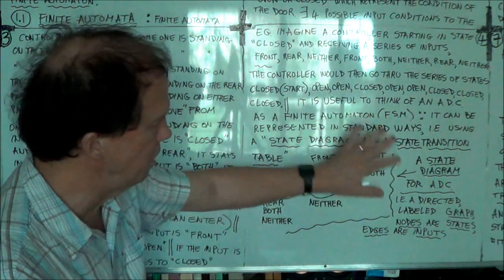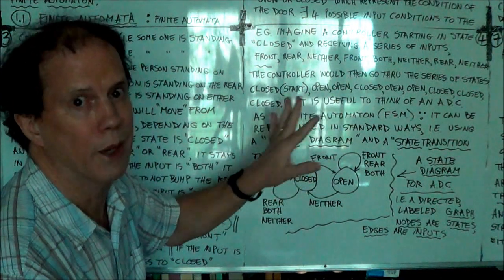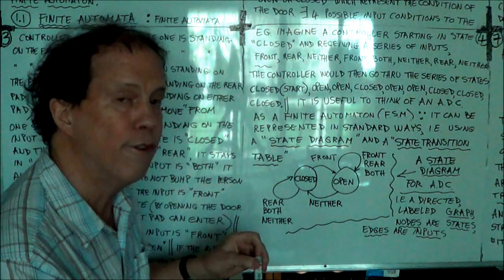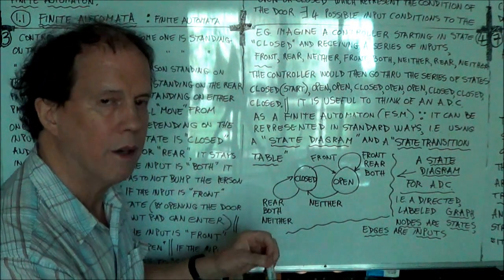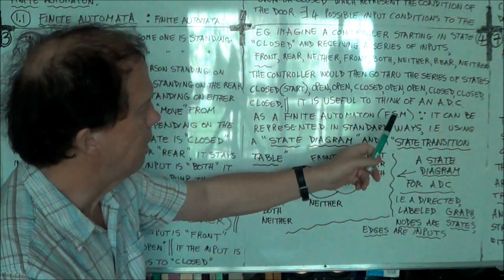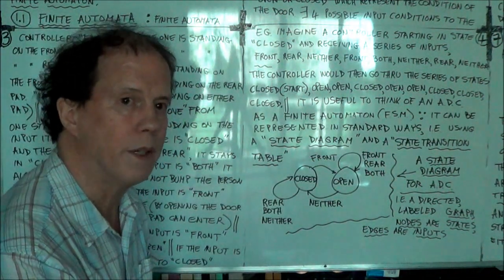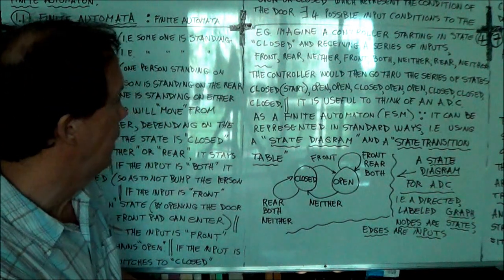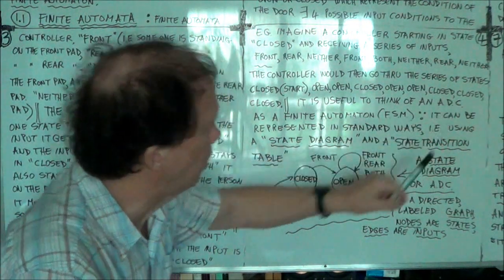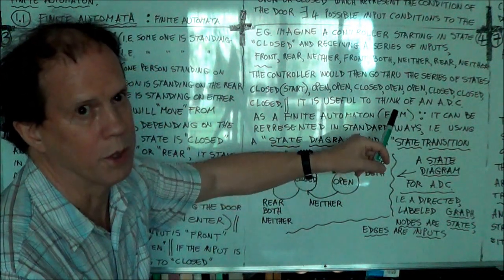What we'll do next, a couple of sessions from now, you'll see that this becomes a part of the mathematical formal definition of an automaton. Right? So the door controller is a good example of a finite automaton, because you can represent this door controller as a finite state machine or finite automaton, same thing.